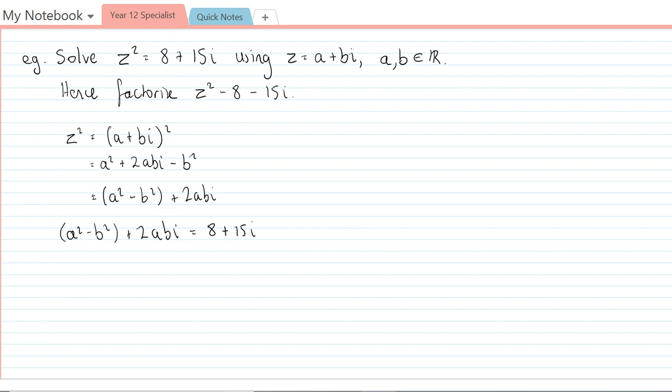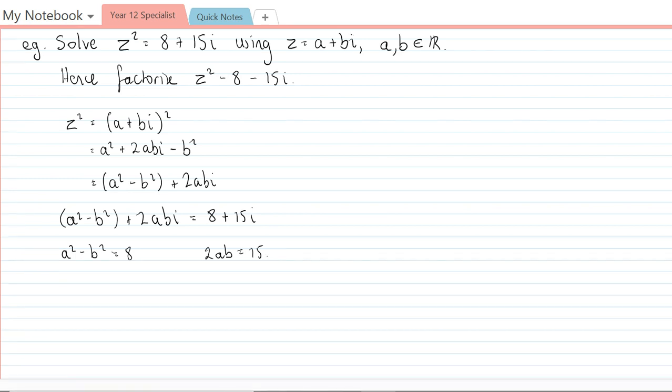And so using this, I know that a squared minus b squared must equal 8, and I also know that 2ab must equal 15.